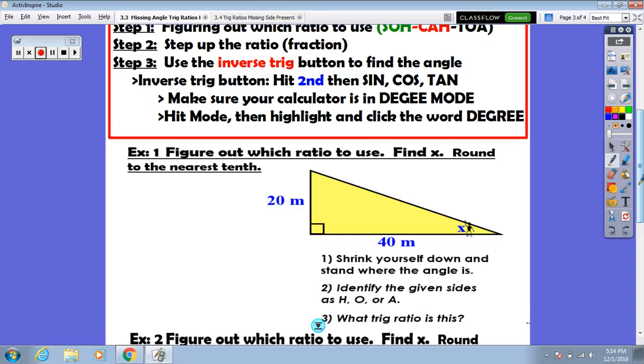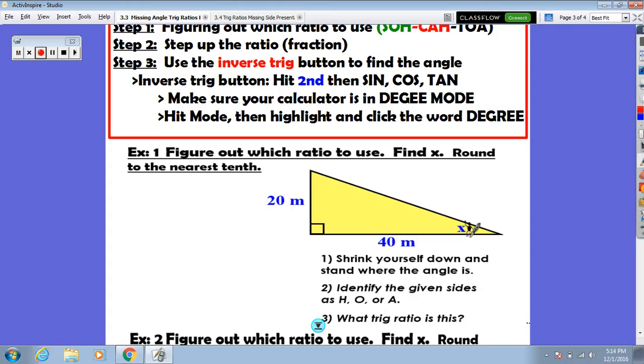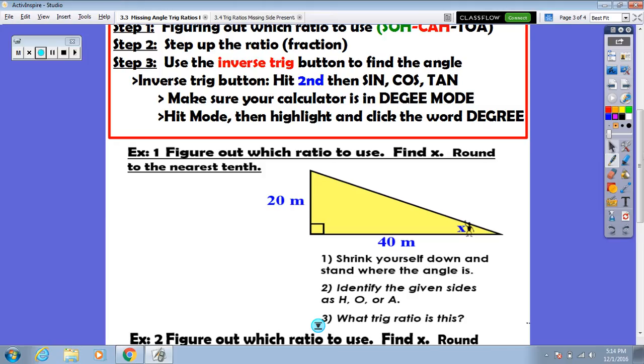Okay, so the first thing we want to do here is, since we already have our stick man in the picture, we want to identify what the sides are. What is my hypotenuse? Which side is opposite? And which side is adjacent? So remember, the hypotenuse is always the side that is across from your right angle, or the diagonal side.